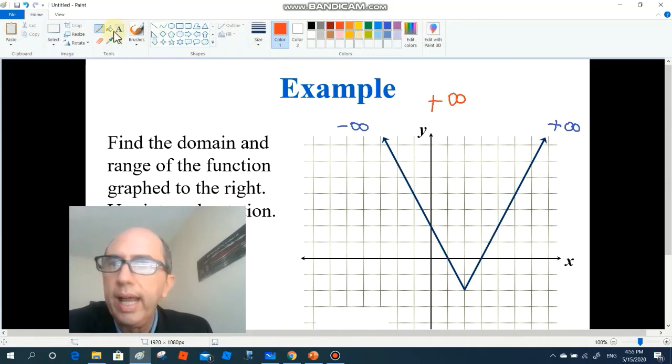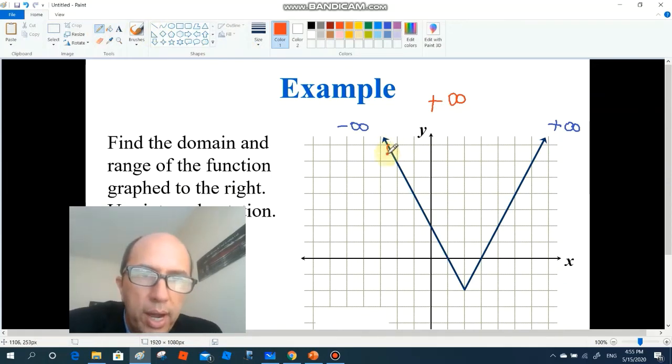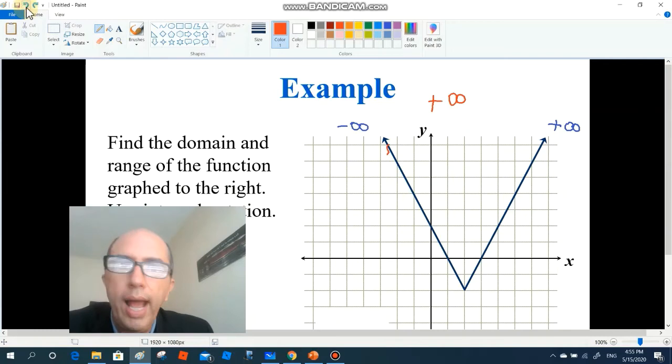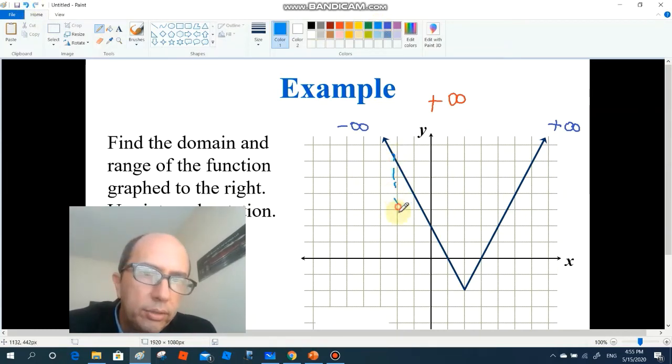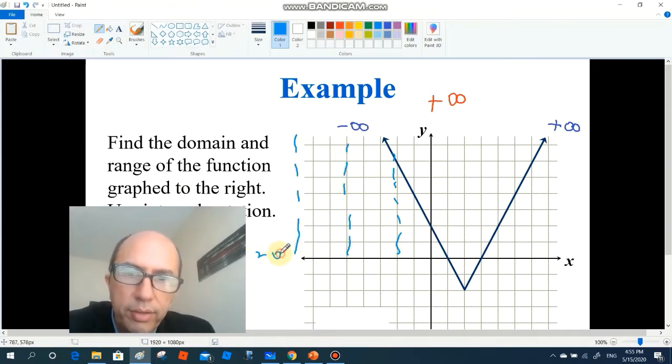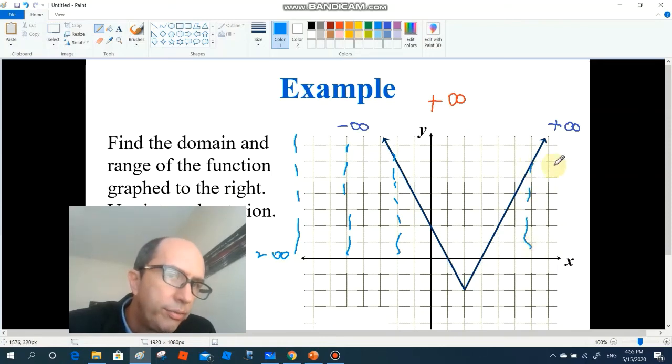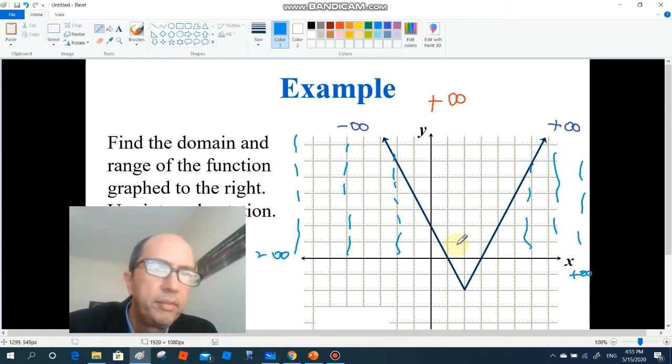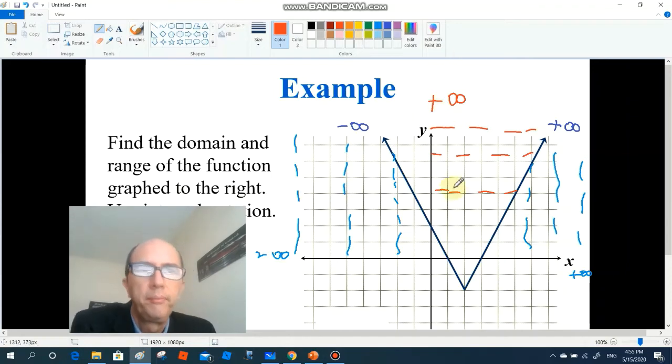If you reflect the graph on the x axis, you're going to find reflections all the way to negative infinity. You're going to reflect the graph here on x all the way to positive infinity. And the same thing if you reflect the graph here on y, it is going to go all the way to positive infinity.